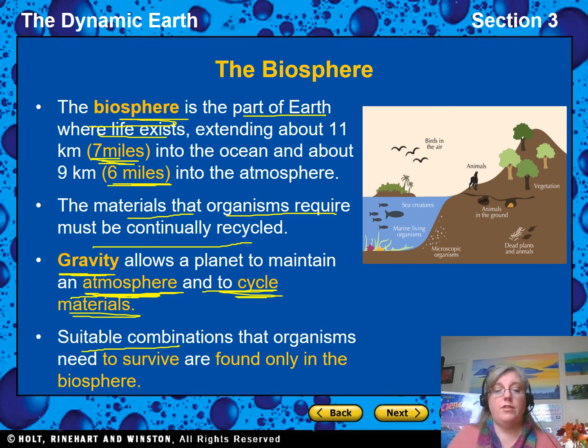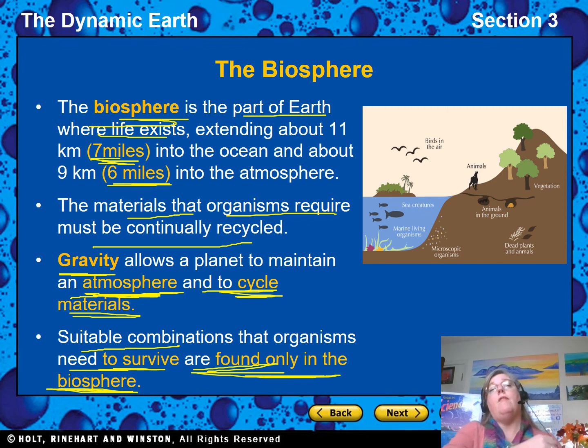So we have to have suitable combinations for the organisms to survive, and those suitable combinations of characteristics of temperature, of the suitable conditions, are only found within the biosphere. Okay, wherever an organism lives, that means it's part of the biosphere. So the suitable combinations that an organism needs to survive are found only in the biosphere.